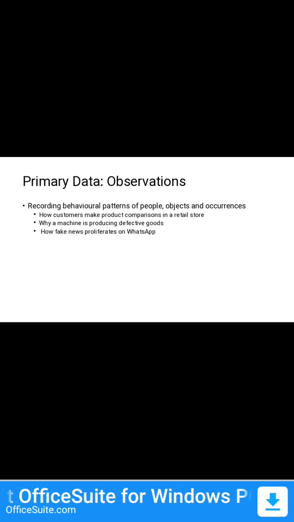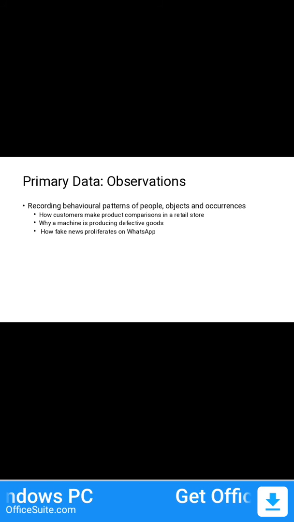Let us say that I need to find out how fake news proliferates on WhatsApp. Now this is an event, some occurrence which is happening. The circulation of fake news, proliferation of fake news emanating from a source and then getting spread among the various users of WhatsApp. So this is an event. How does this event take place?